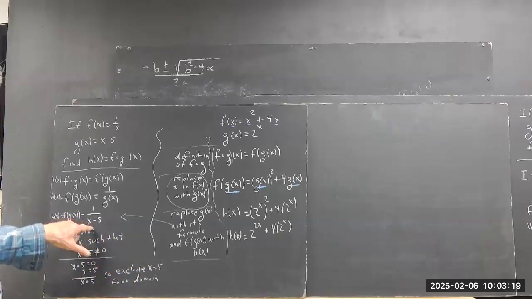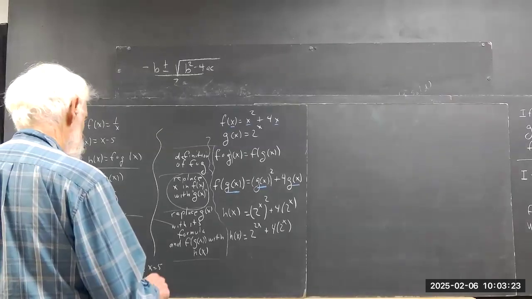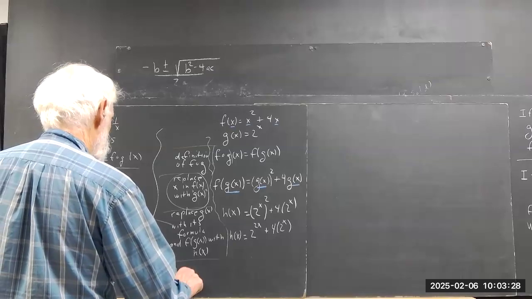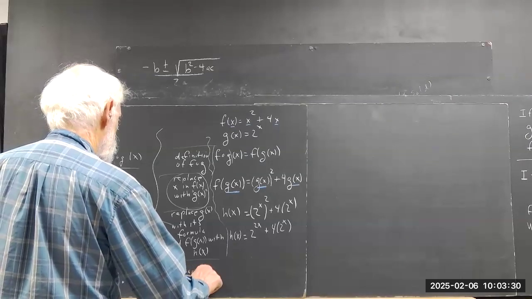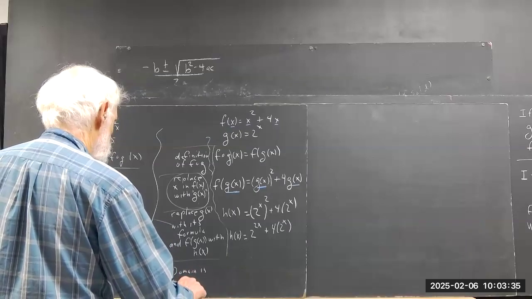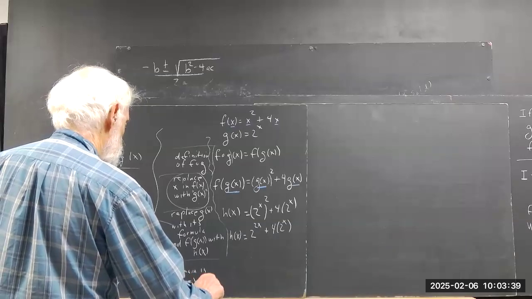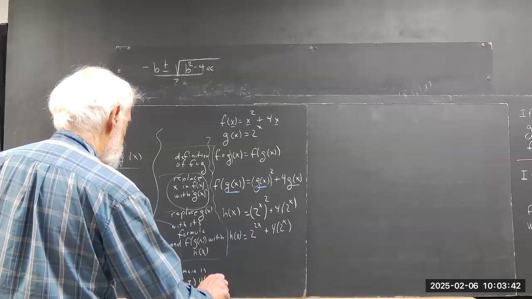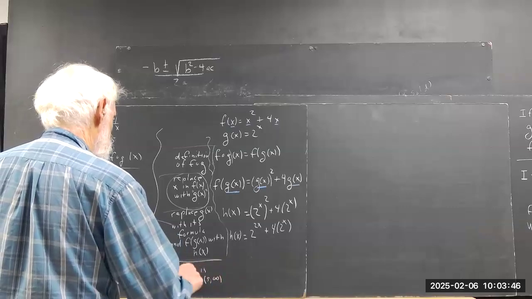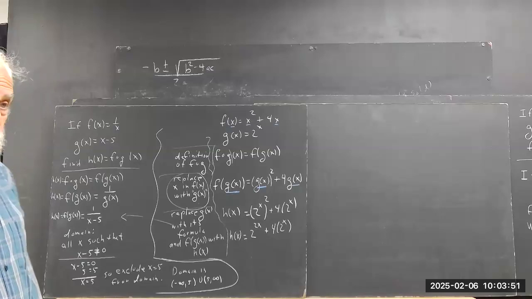That can't be because we can't have 0 in the denominator. And the domain is the set negative infinity to 5, union the set 5 to infinity.